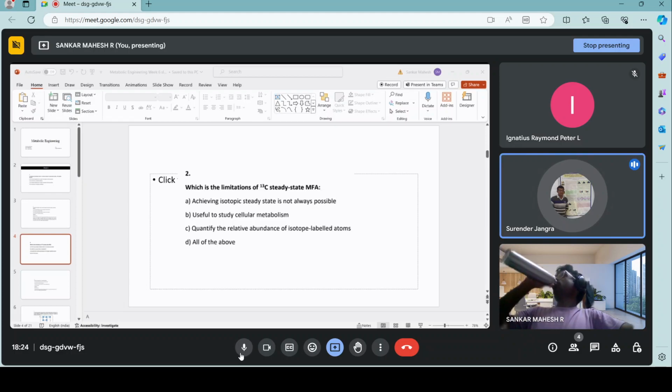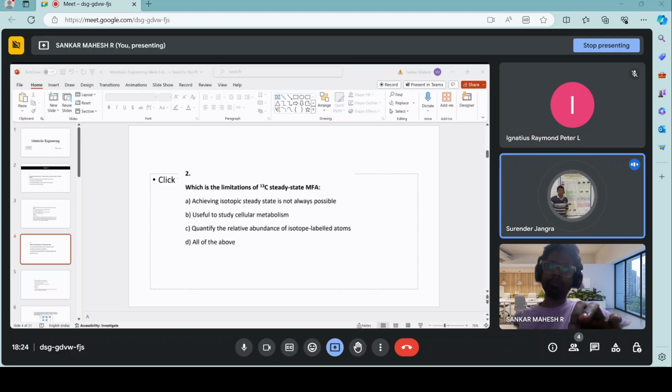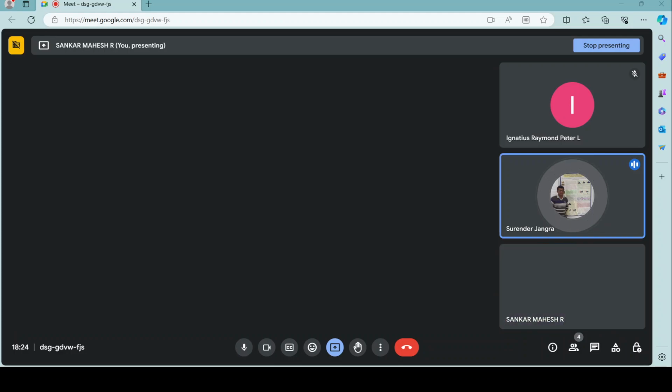So C13 labeling can be used to study the cellular metabolism, and it has been proved in previous studies also, like the Calvin cycle. They have been studied by the labeling of the carbon atoms. So I think this is not the limitation of the C13 MFA.